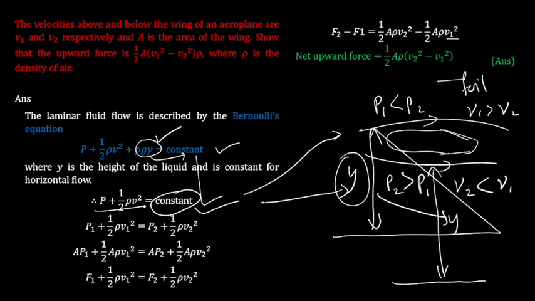We write this expression for the stream above by using the suffix 1, and this is the similar expression for the stream below with the suffix 2. These two are equal because they both are the same constant value.